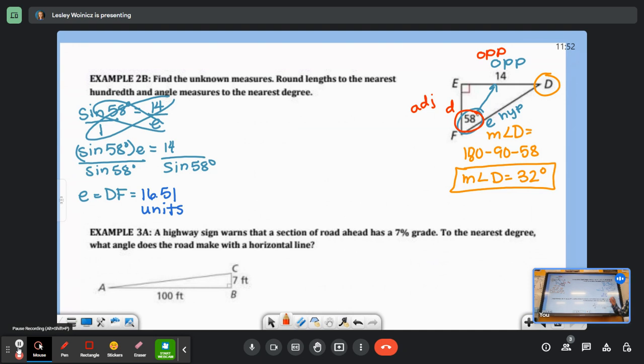So which of our trig functions uses opposite and adjacent? The tangent, good. So tangent of 58 degrees equals our opposite, which is 14, over our adjacent, which is little d.